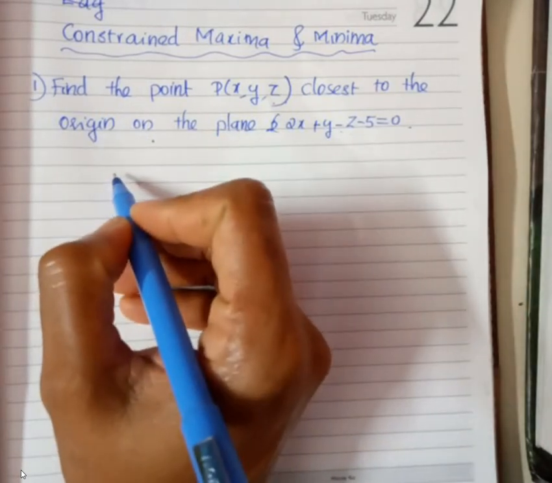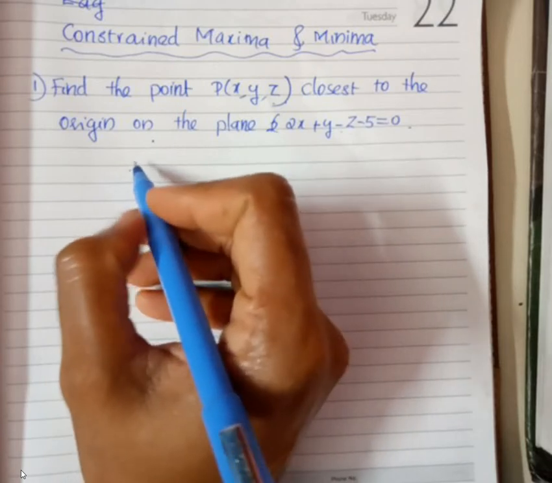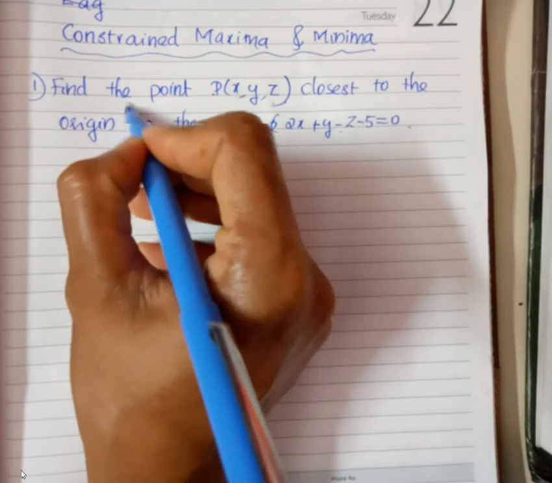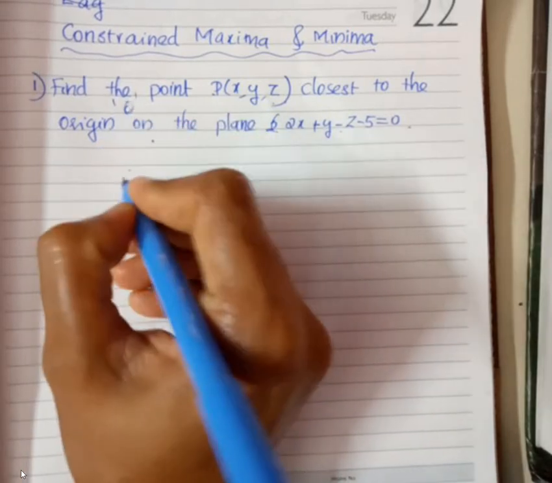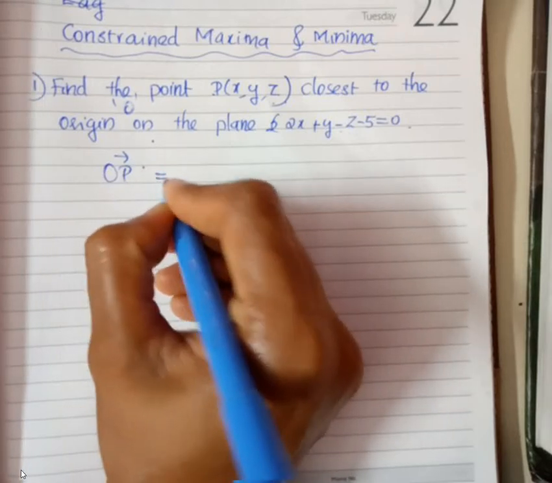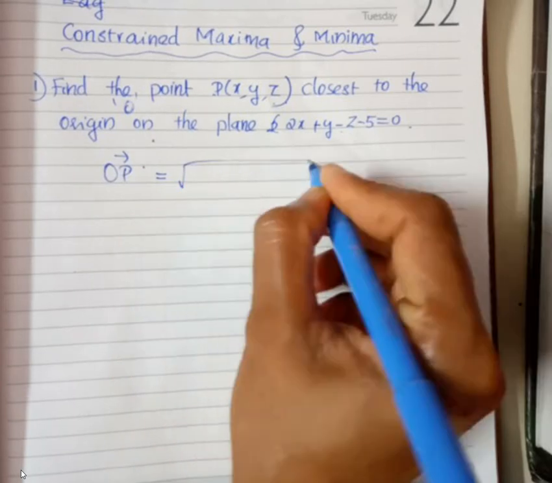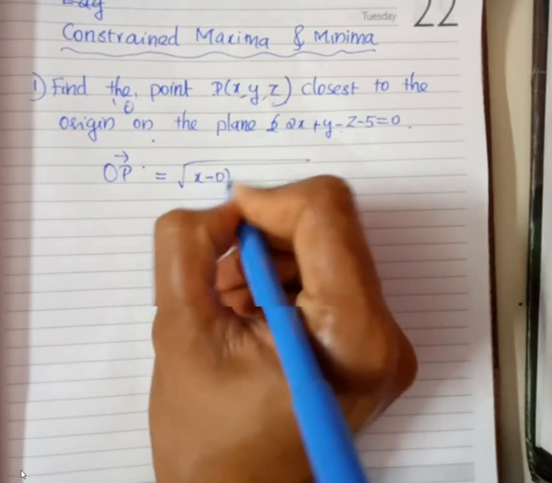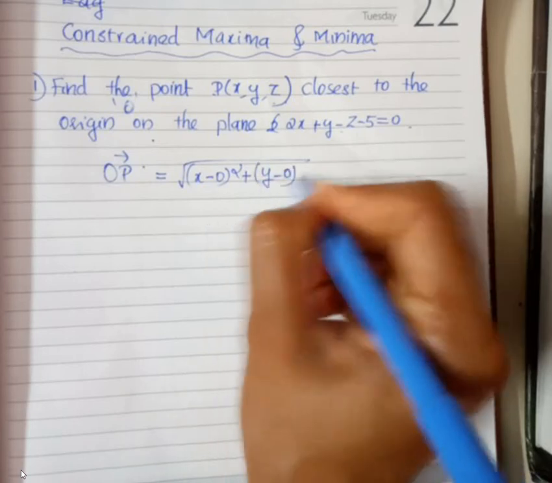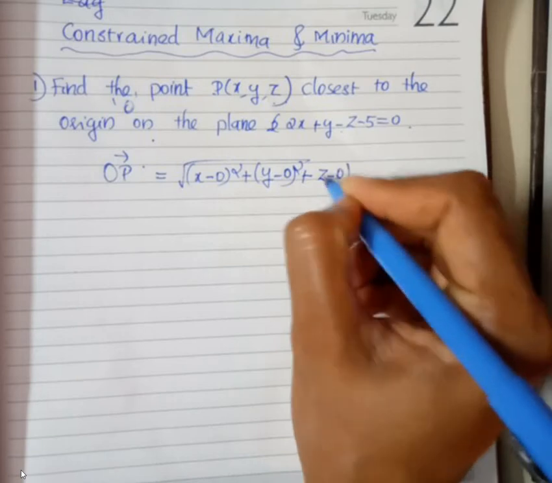Find point P closest to the origin means, suppose this is a point P and this is the origin O. Then OP is equal to the square root of (x minus 0) whole square plus (y minus 0) whole square plus (z minus 0) whole square.